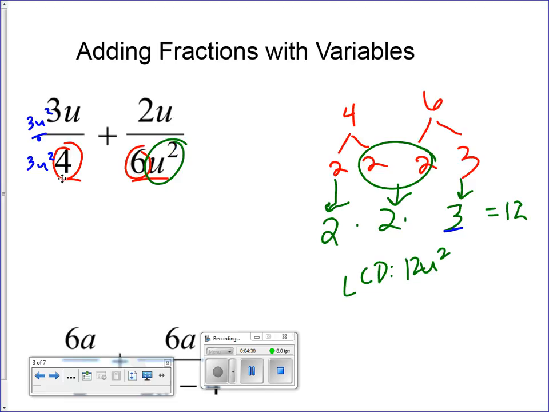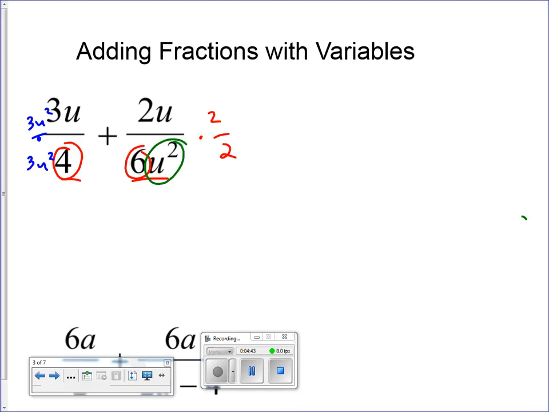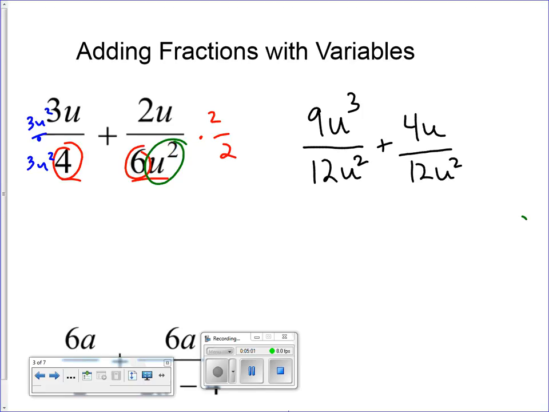On the other fraction, what do we need to multiply 6u squared by to get 12u squared? We need to multiply that by 2. Then we do that multiplication. The left fraction becomes 9u to the third power, because 3 times 3 is 9 and u squared times another u is u to the third power, all over 12u squared, plus 4u all over 12u squared.